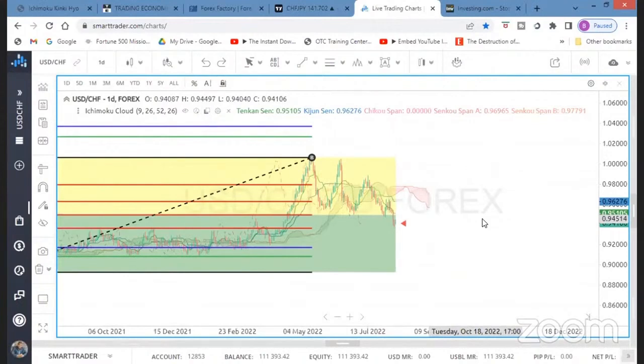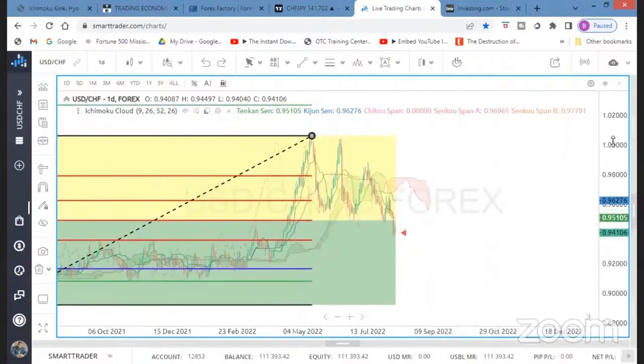So don't listen to the cats that tell you it's okay to risk 50, 60, 70, 80% of your account. Run the other way, man, as fast as you can.